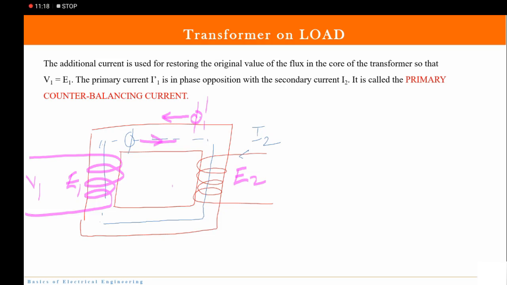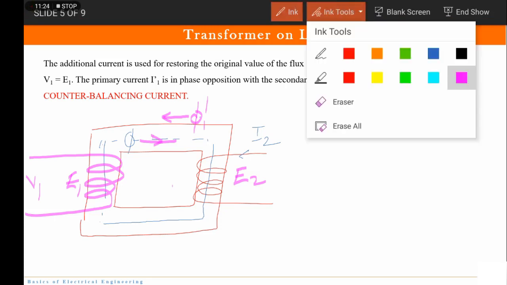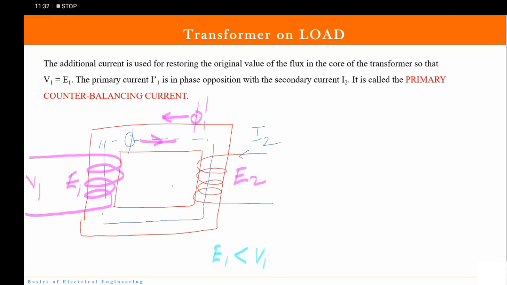So phi 1 dash tries to reduce E1, and for some time E1 becomes smaller than V1. Now when E1 becomes smaller, or in other words V1 becomes greater, current starts flowing again.